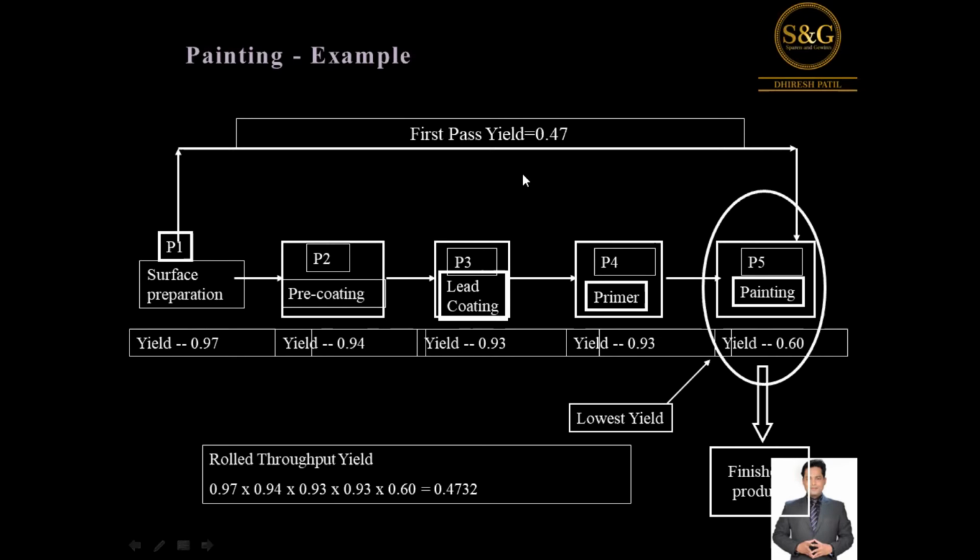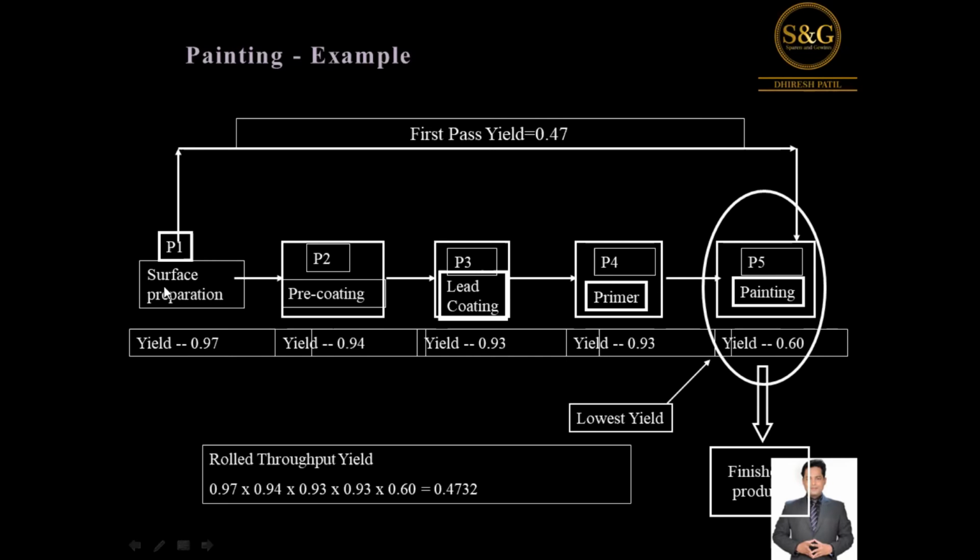Similarly, lead coating has 0.93, primer has 0.93, and painting has 0.60, which is 60% yield in this entire value chain. Now you will understand one major difference: painting has the lowest yield in this entire thing.